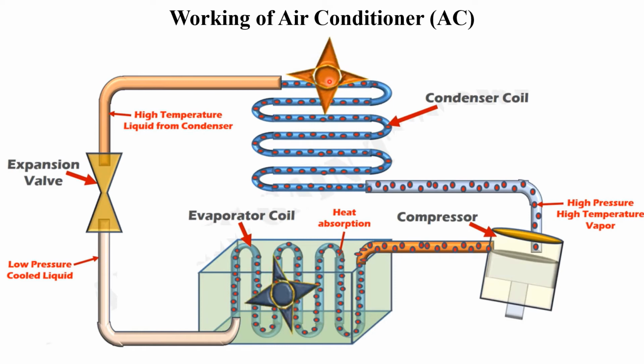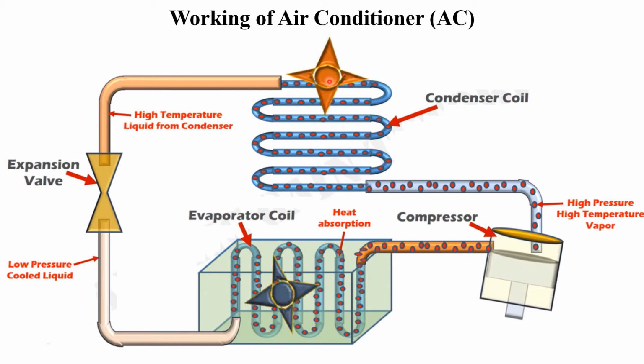For this exchange of heat, we use a special fluid called refrigerant, which acts as a heat carrier. Usually, Freon is used as a refrigerant, which carries heat from one part to another by changing its phase, from gas to liquid and liquid to gas at convenient temperature during the refrigeration cycle.